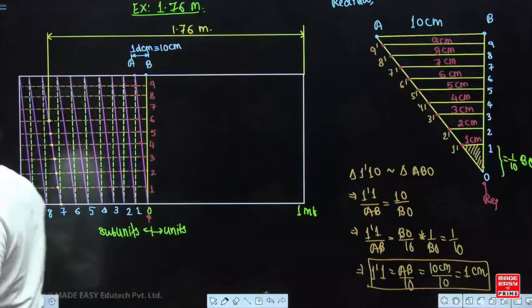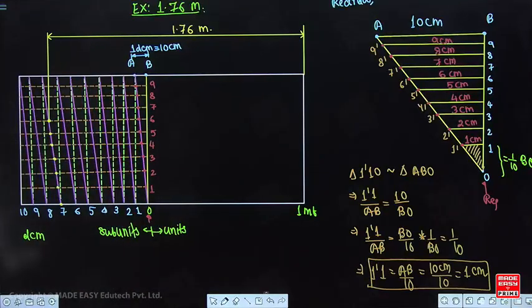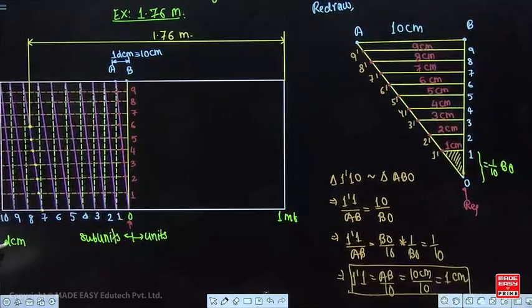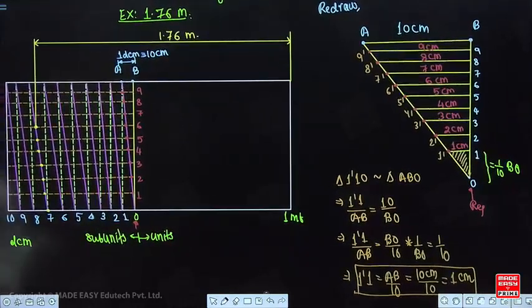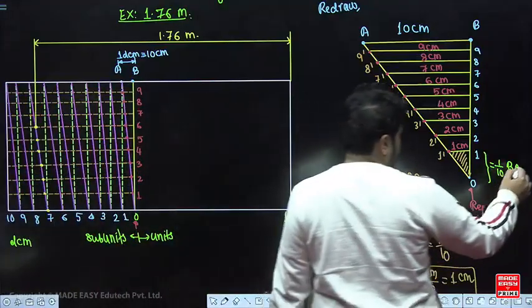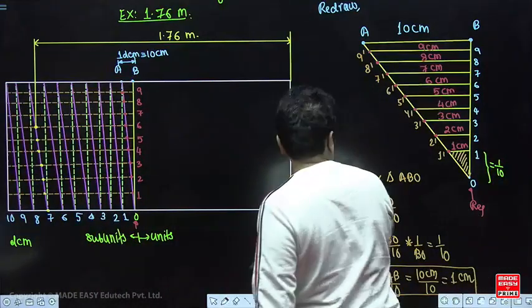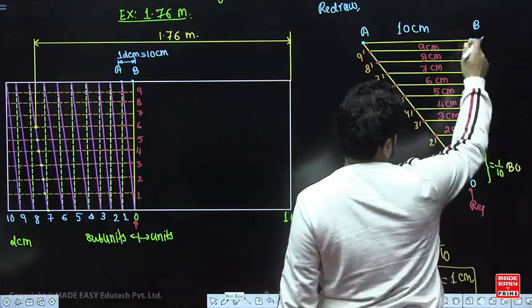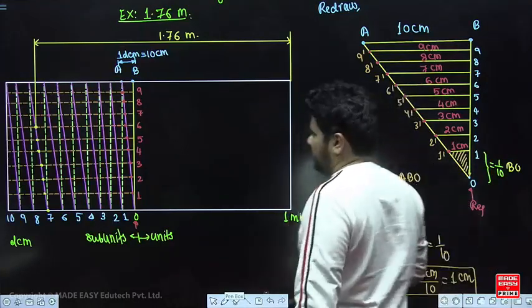Check it out. This is 1/10 of BO, because this length is how much? It is 1/10 of BO. Total length is BO, so 1/10 of BO.